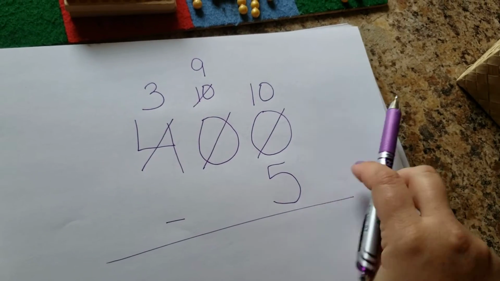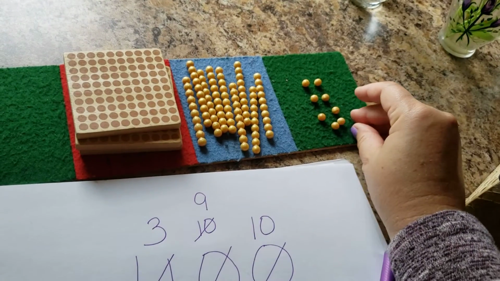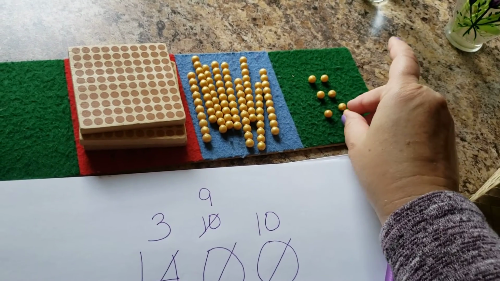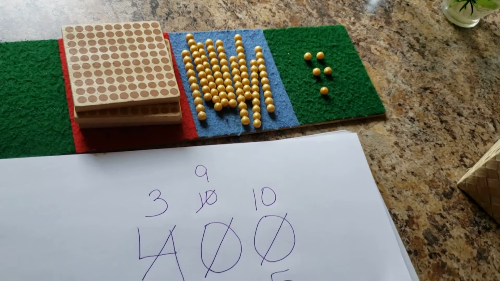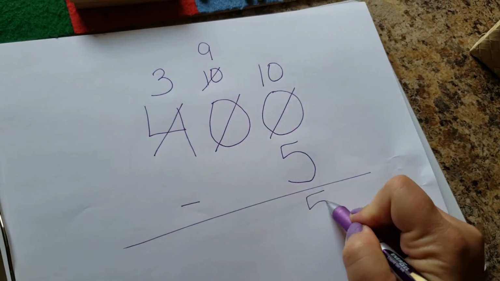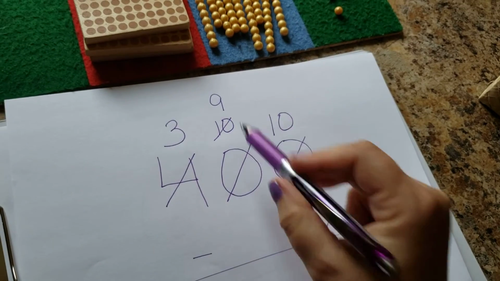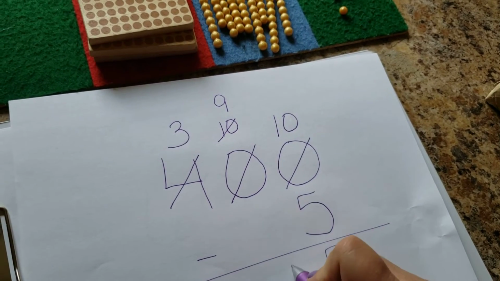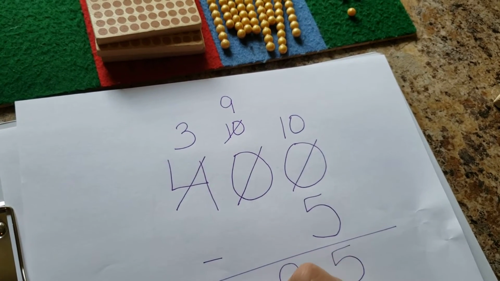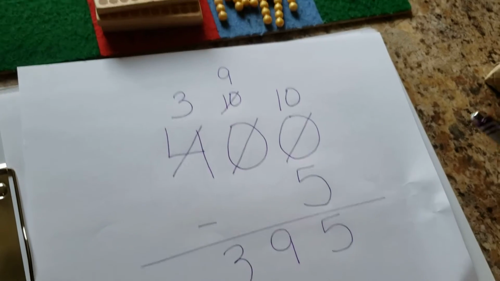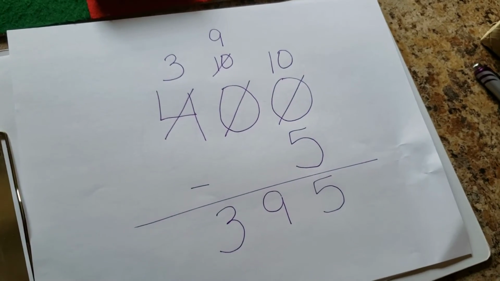I sure can. 1, 2, 3, 4, 5. I am left with 5 units. And 9, take away nothing at all. That would be 9. And 3, take away nothing at all. That would be 3. So my answer would be 395.